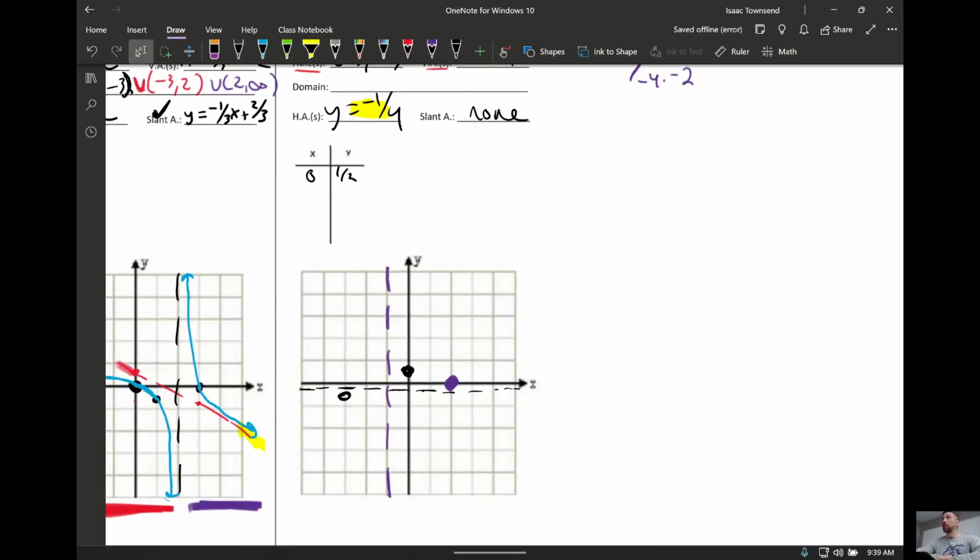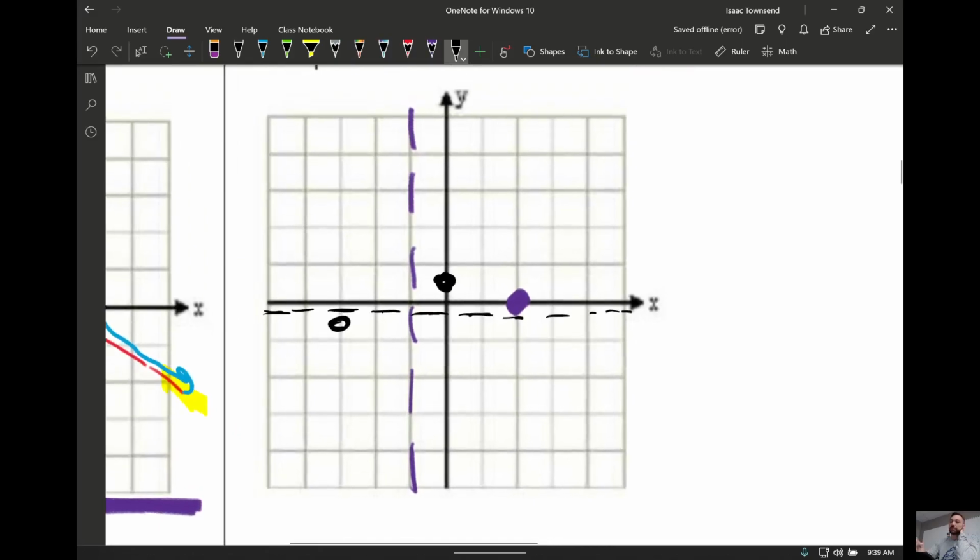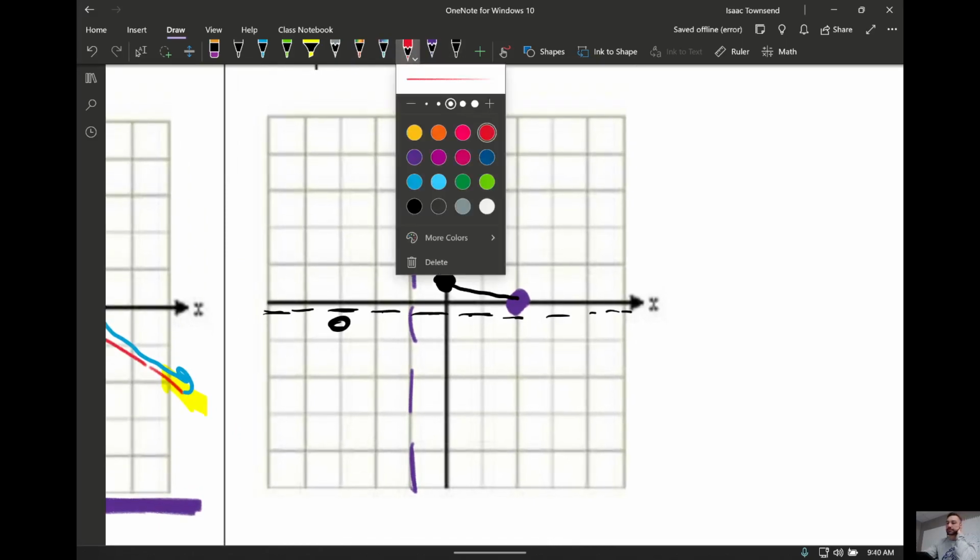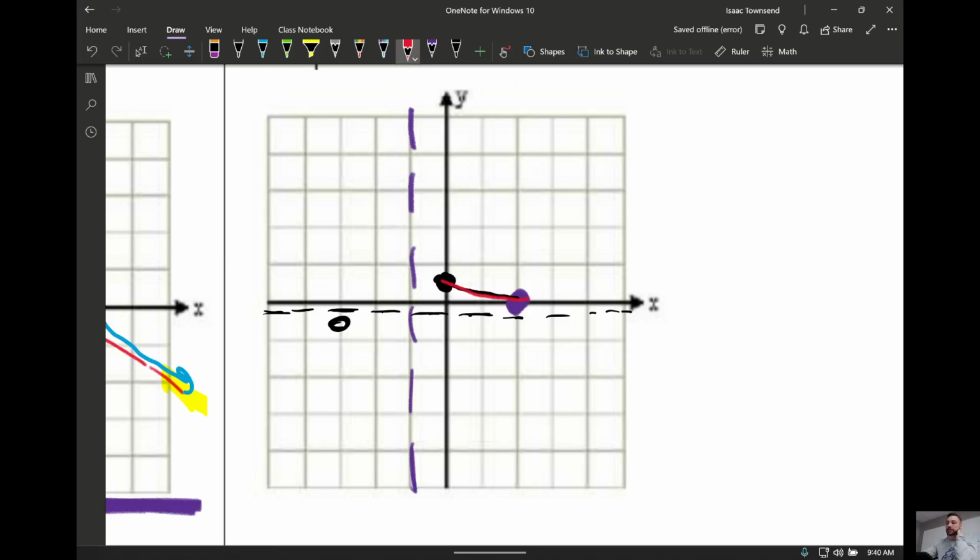But we actually sometimes need more points. You're always encouraged to do more points, but I think we have enough in this question. I think we have enough because we know these two are connected. Based on the direction of this line, I can see it's going to infinity on the right side of the vertical asymptote, so -infinity on the left side of the vertical asymptote.